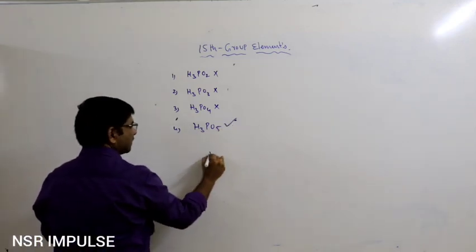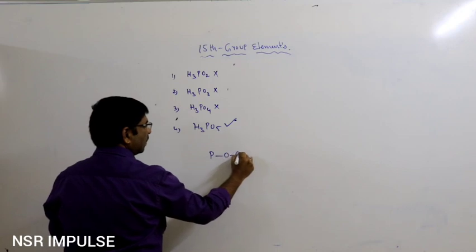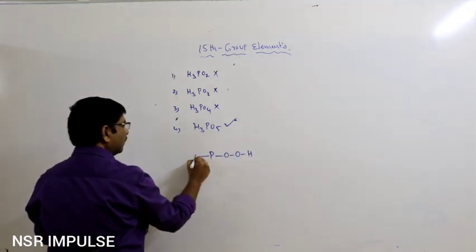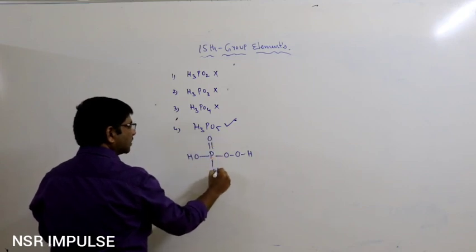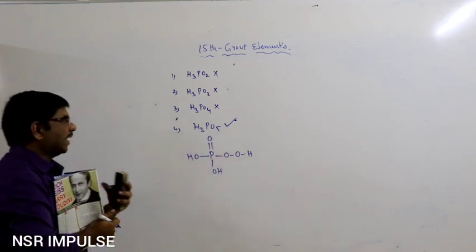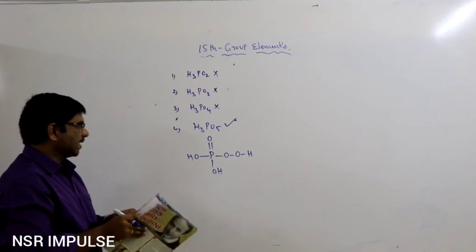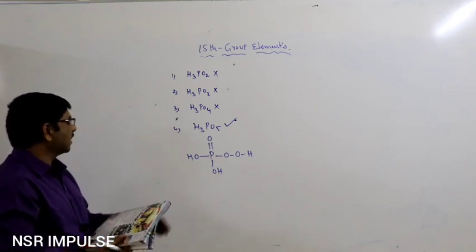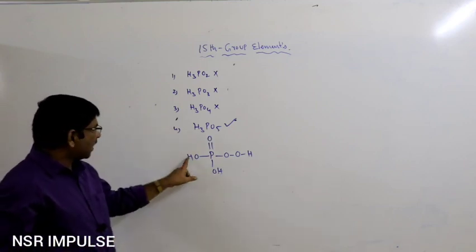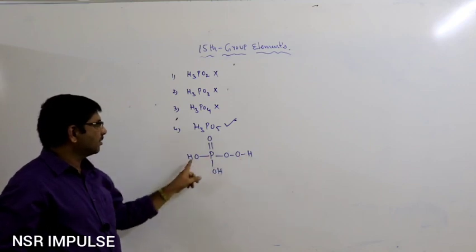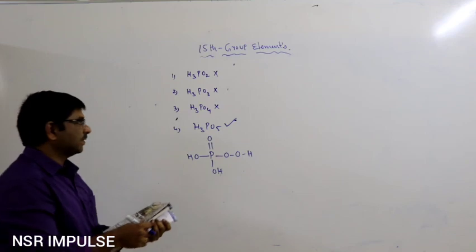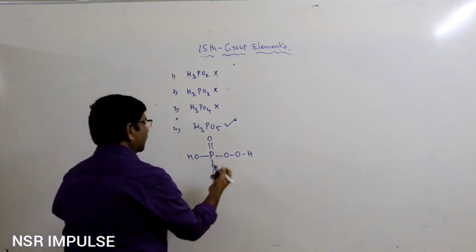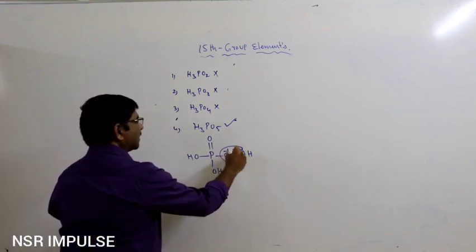Fourth one H3PO5. It has 3 basicity and peroxy bond is possible. Its structure is P, O-OH, OH, double bond O, OH. Check it. It has 3 OH groups, 1, 2, 3, and an OO bond. OO bond is called peroxy bond.